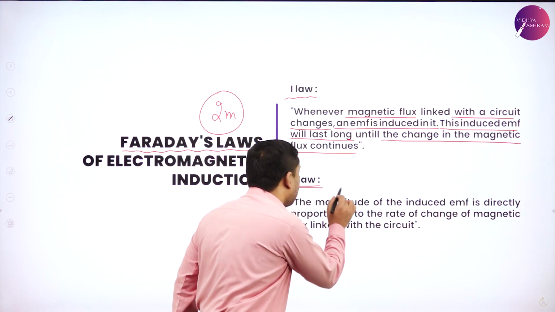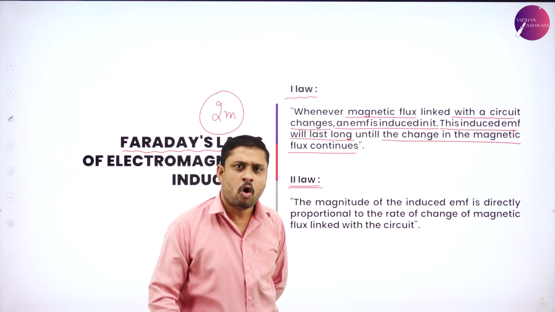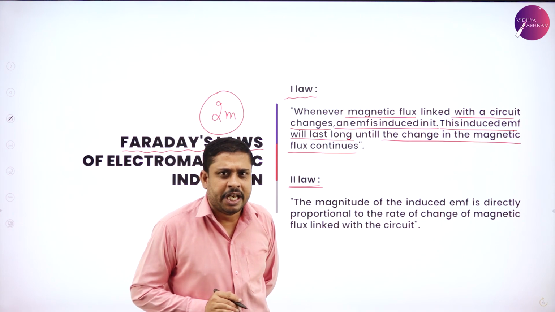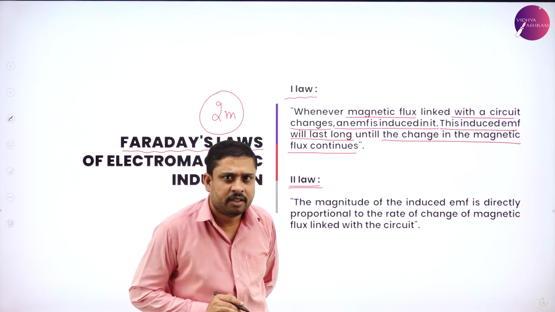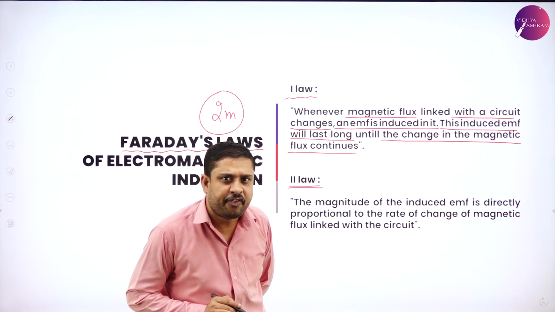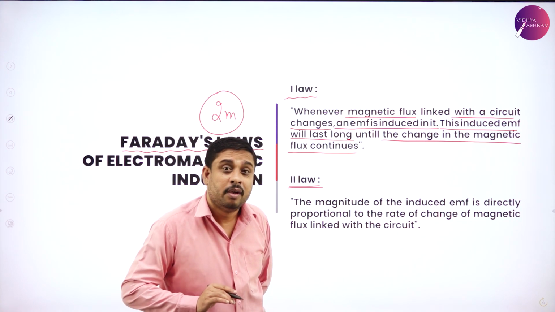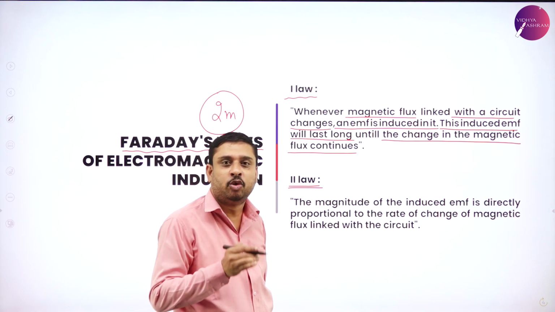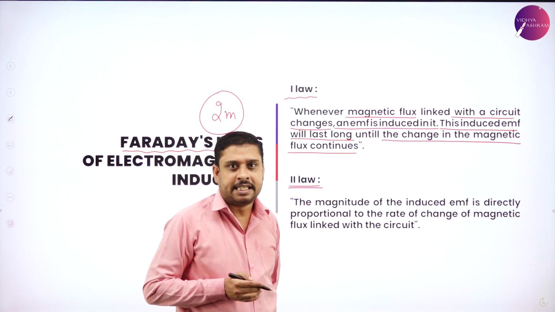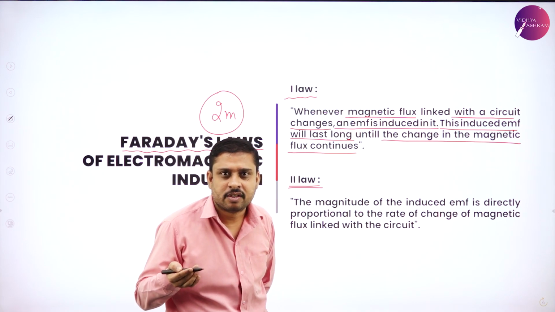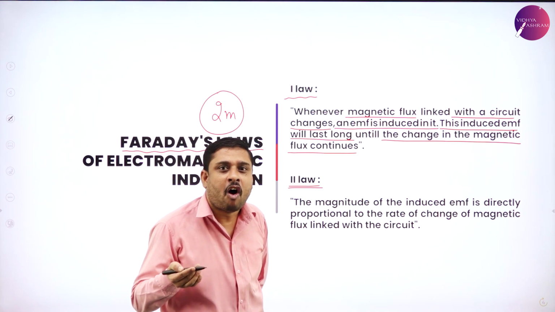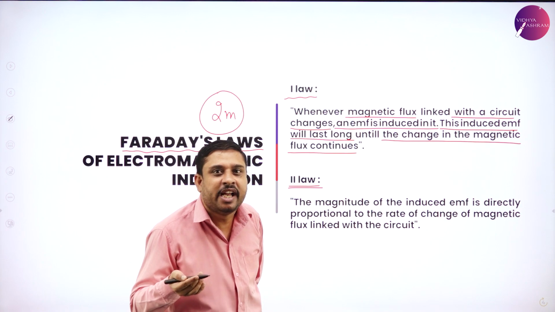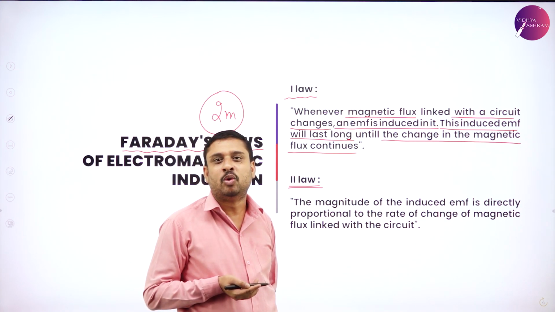Coming to the second law. Okay, fine. In your first law you have told, change the magnetic flux, EMF is induced. I will do. But how much of EMF is induced? I change the magnetic flux. How much of EMF is induced in the circuit?